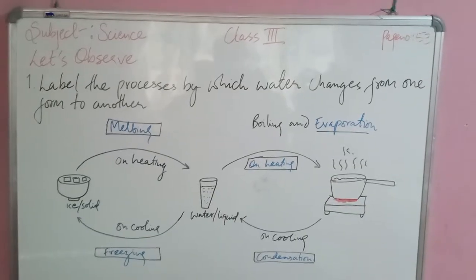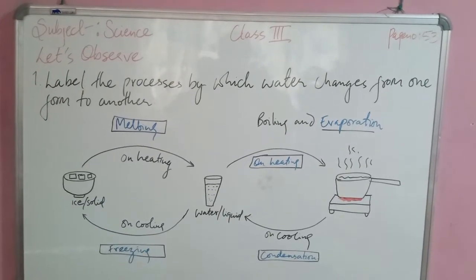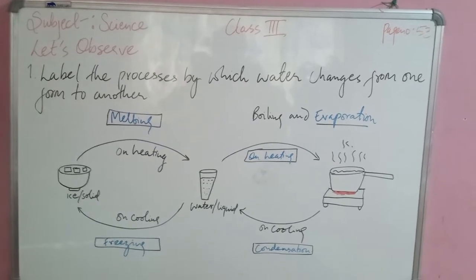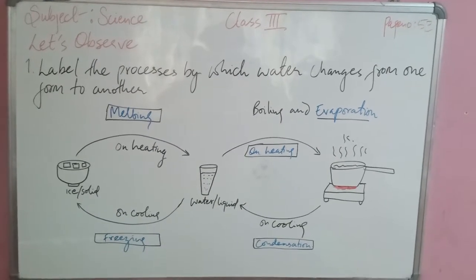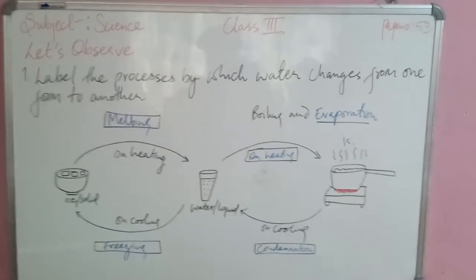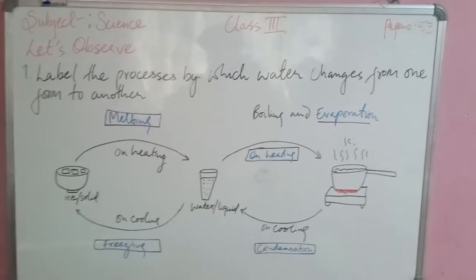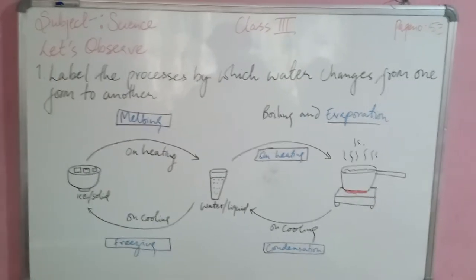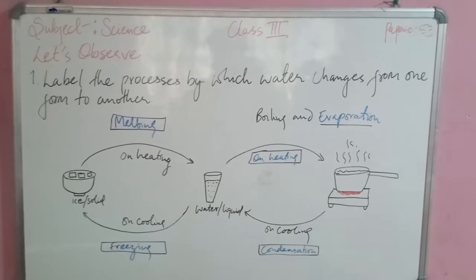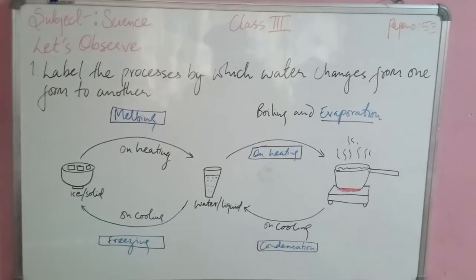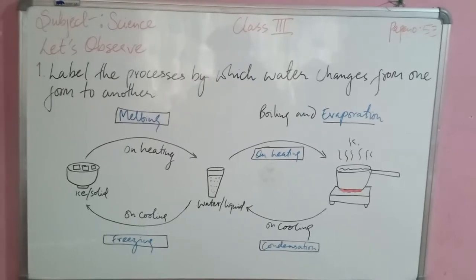Moving on, now let's begin with the let's observe question. Label the process by which water changes from one form to another form. This diagram you have already seen in your textbook, and we have to just fill the blank spaces in this diagram. The first blank space we have to fill with melting. Ice, on heating, it melts.